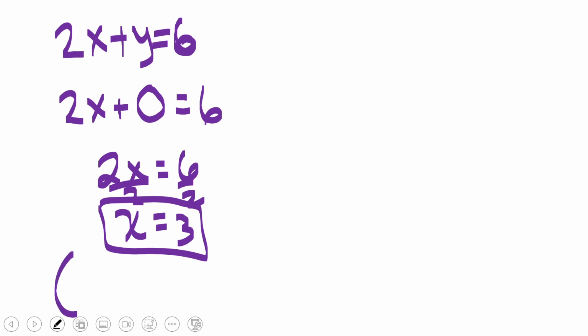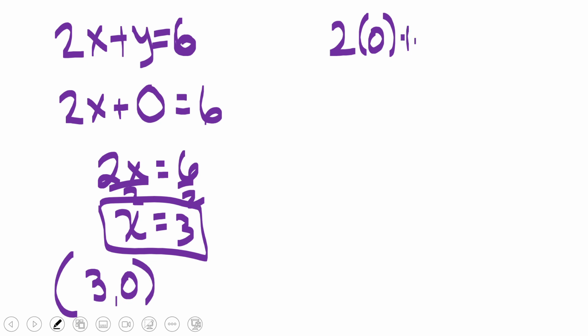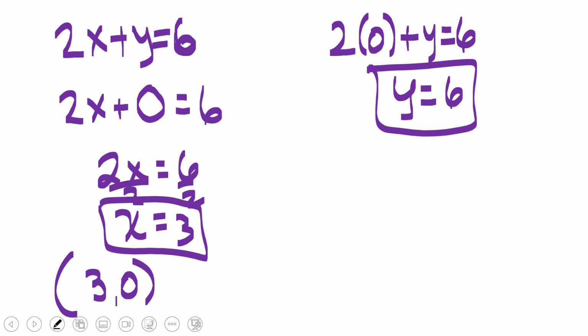So our plotted point there is 3, 0. And in our expression, when x is 0, this is y equals 6. And so the y-intercept is when x is 0, y is 6.